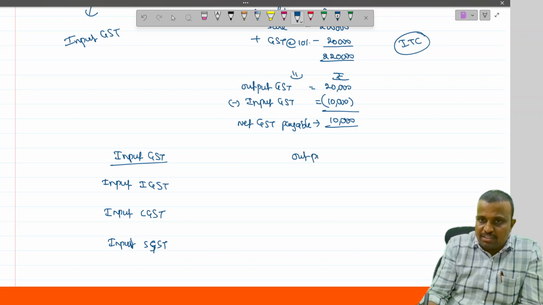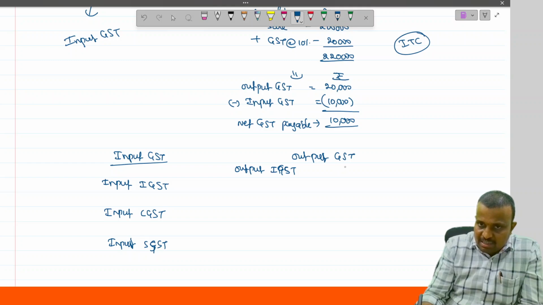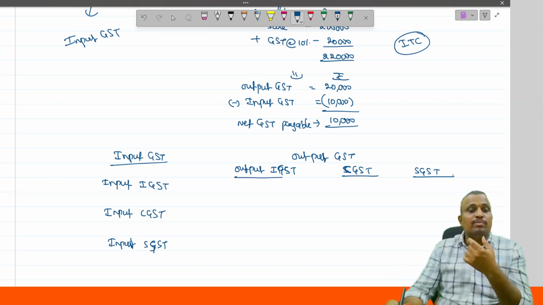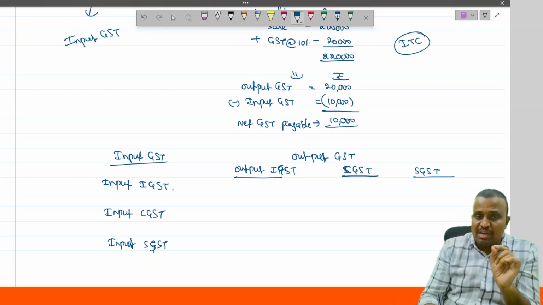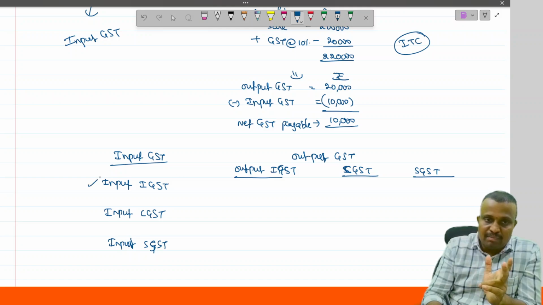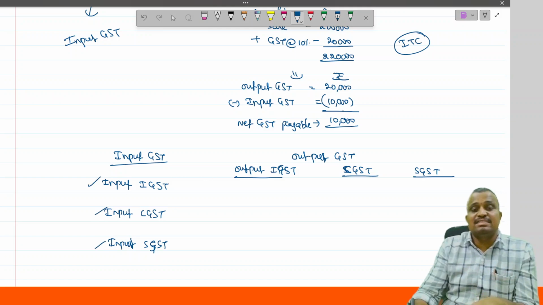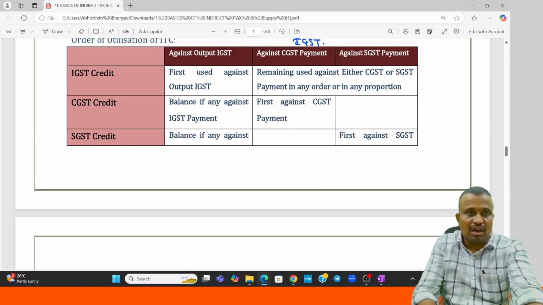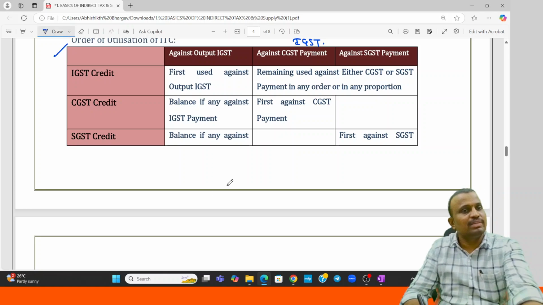And those will be utilized for output GST, like output IGST, output CGST and output SGST. So what are the rules relating to the claiming of this input tax against the output tax? Our claim is covered under this topic.